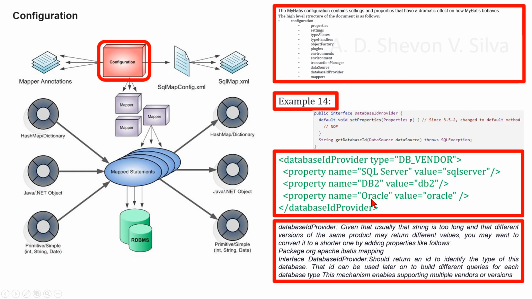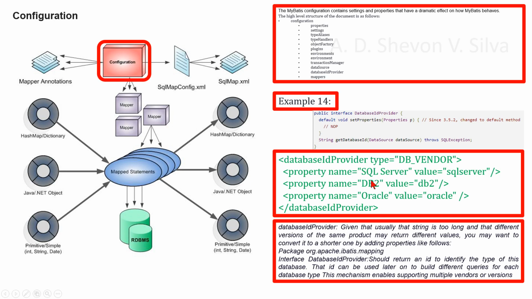Now we are considering the database ID provider. Given that usually that string is too long and that different versions of the same product may return different values, you may want to convert it to a shorter one by adding properties like here.